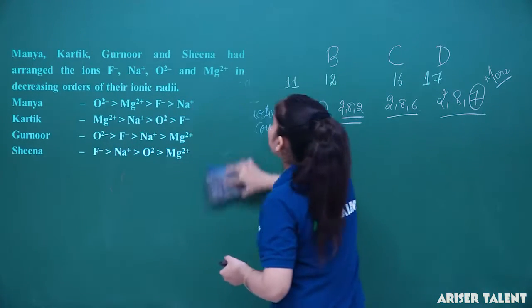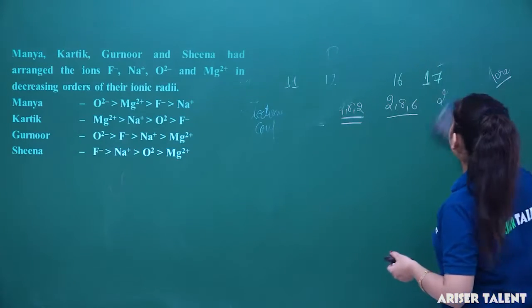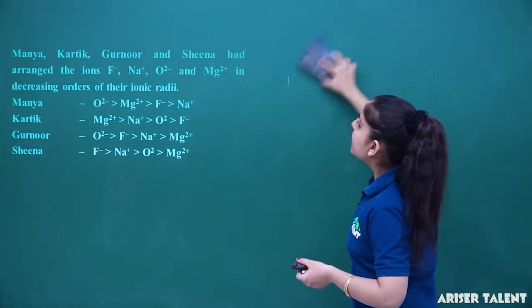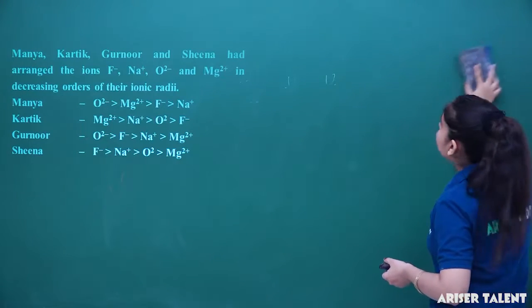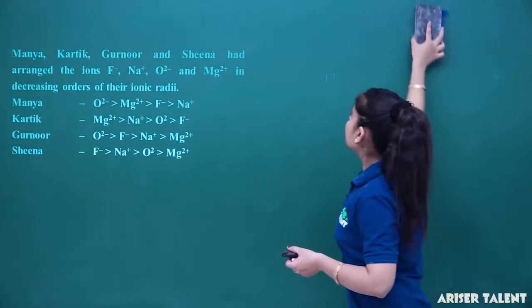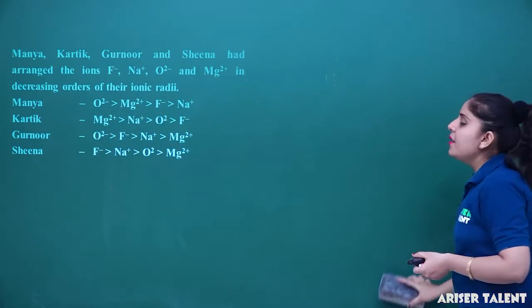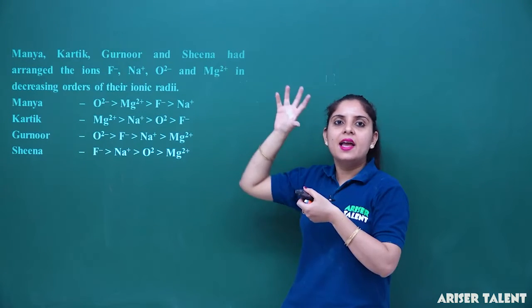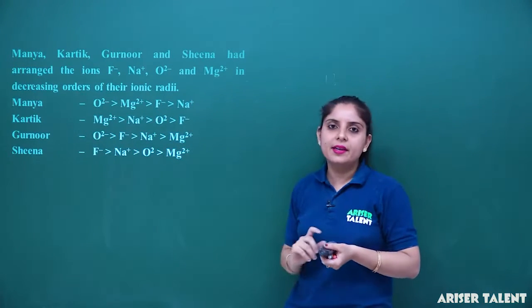Manya, Karthik, Gurnoor and Sheena. It means 4 persons are given and they are arranging the ions in the decreasing order of ionic radii. Decreasing order means the element having the smallest ionic radii will be on the left hand side and the one having the highest ionic radii will be on the right hand side.